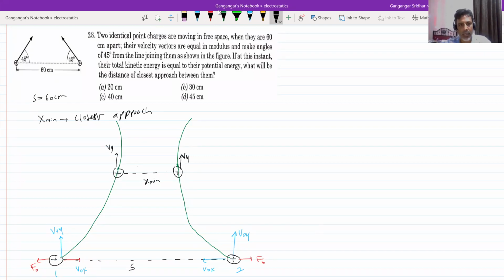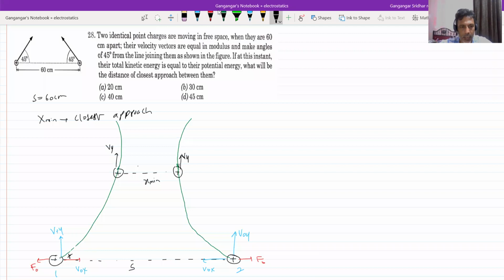We have to determine this x minimum. So what shall I do now? Shall we apply conservation of... can we calculate that Vy? And since this is 45 degrees, no?